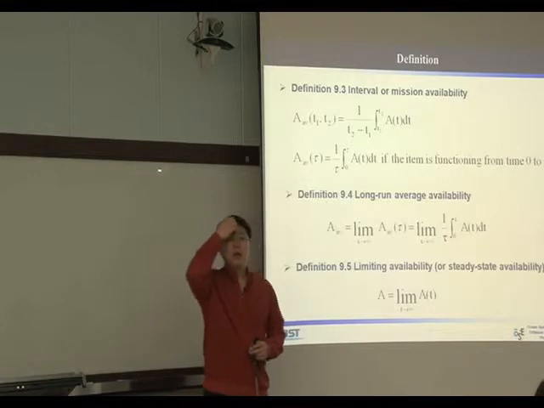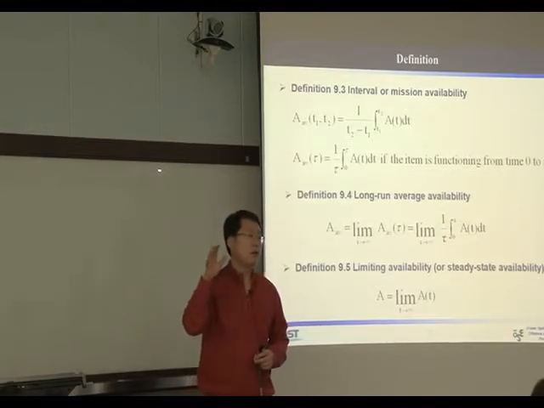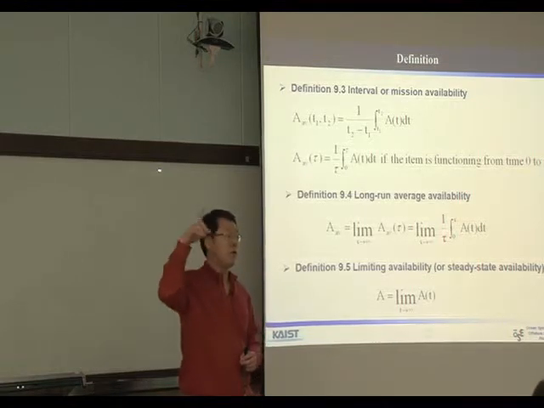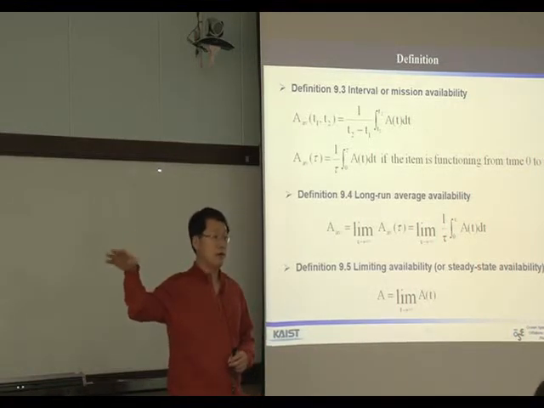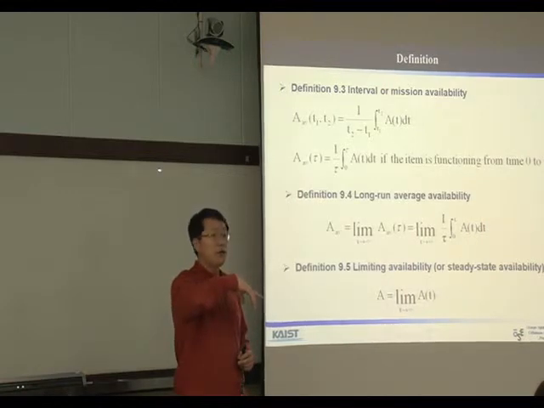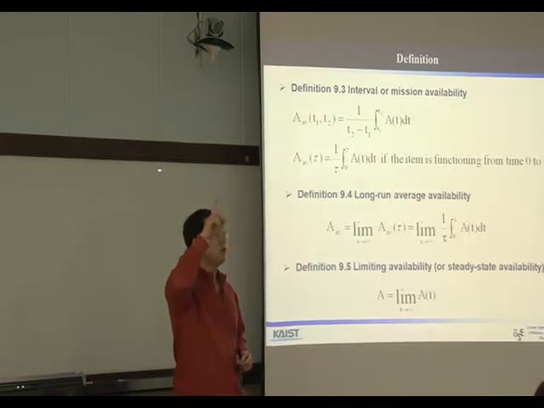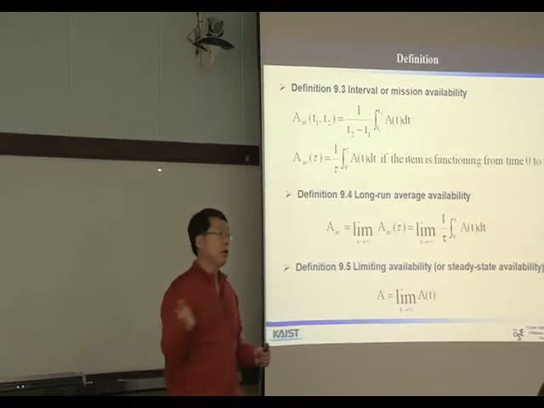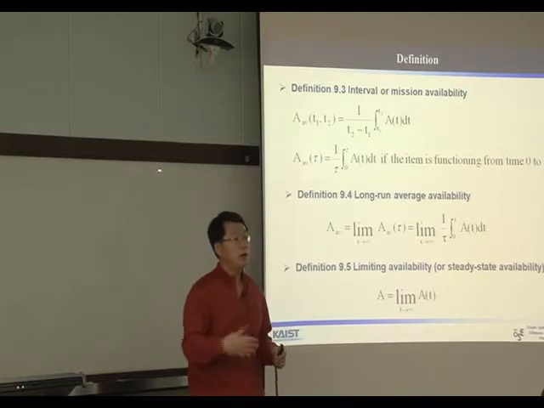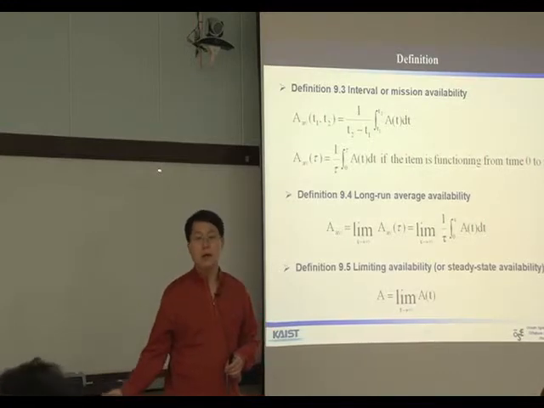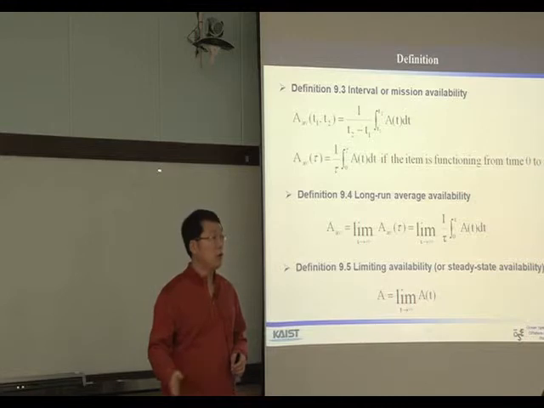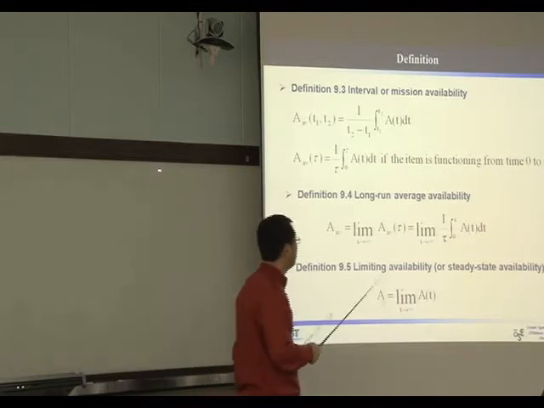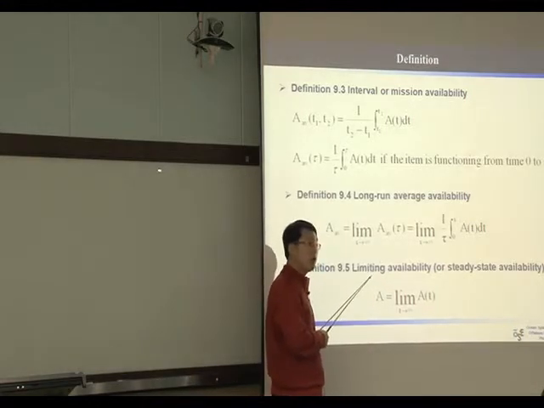If we consider a plant, the usual life cycle is around 20 to 30 years. Sometimes at the initial stage we have some fluctuation in availability, but if you repeat failure and applying maintenance to the failure, we may have a steady state availability. That steady state availability is the limiting availability.